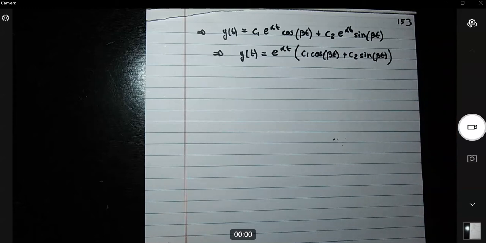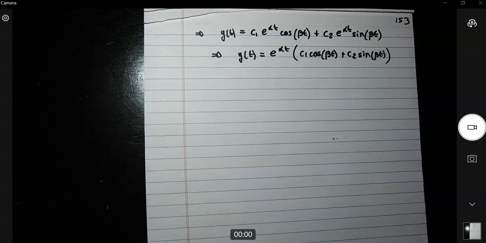And this will be the general solution for complex roots.